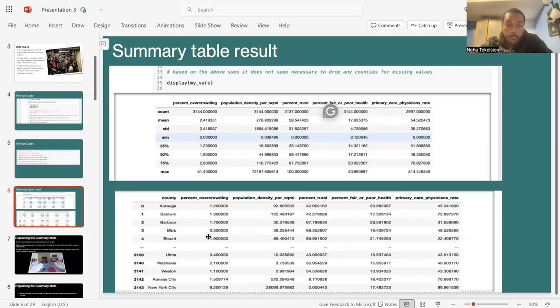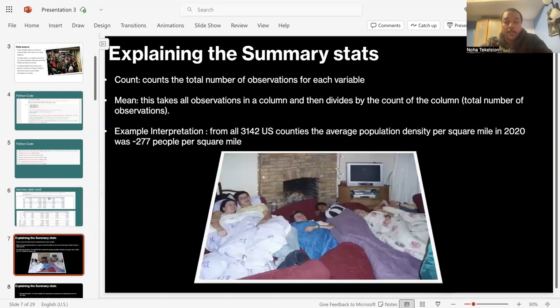So if we take Kansas City, we see their percent overcrowding, their population density, 525, etc. So yeah, this slide is just saying again what the summary stats tell us. I gave an example of an interpretation for the mean from all 3,142 U.S. counties. The average population density per square mile in 2020 was 277 people per square mile.